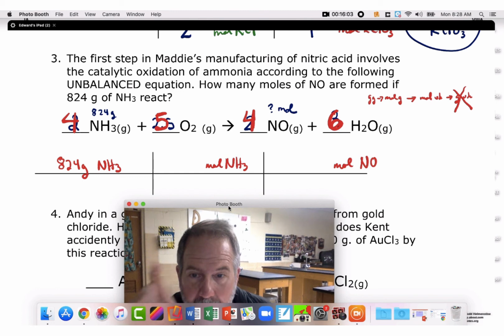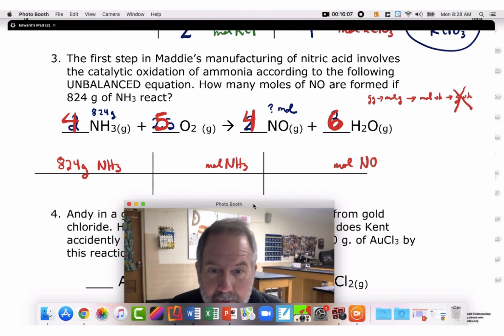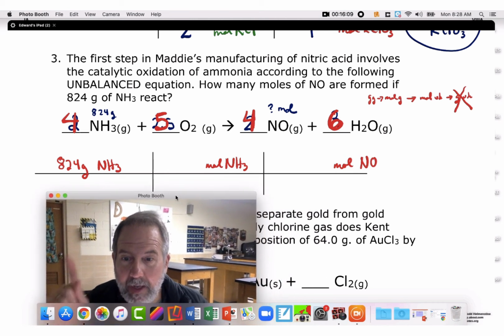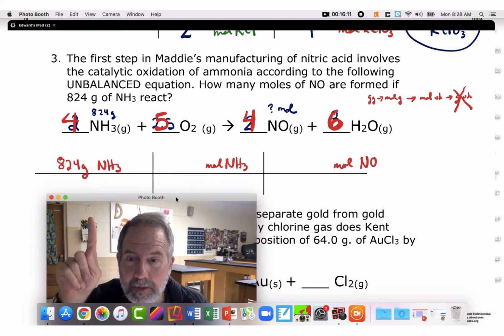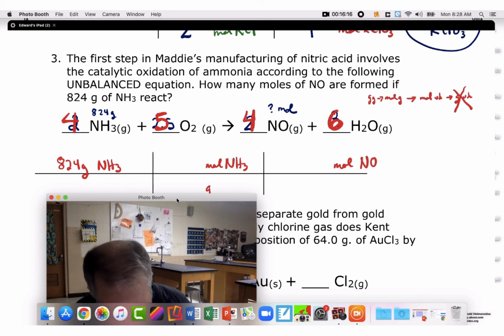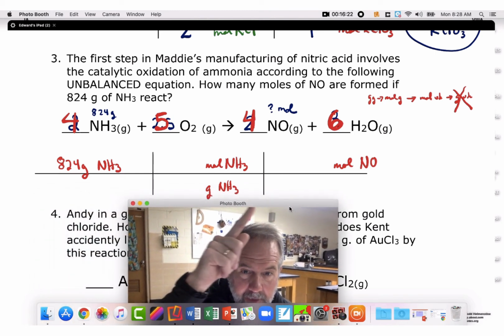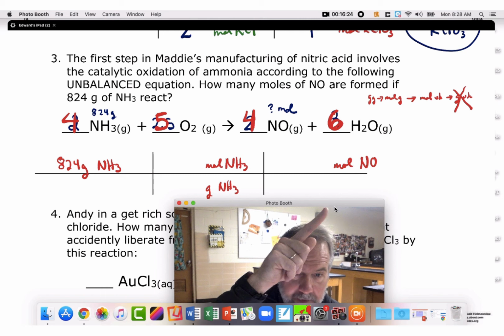That's the pattern. Grams to moles, and we crossed out grams. So we're still in the same pattern. Now we have to cross out our labels. So grams of NH3, cross out. Moles of NH3, cross out.